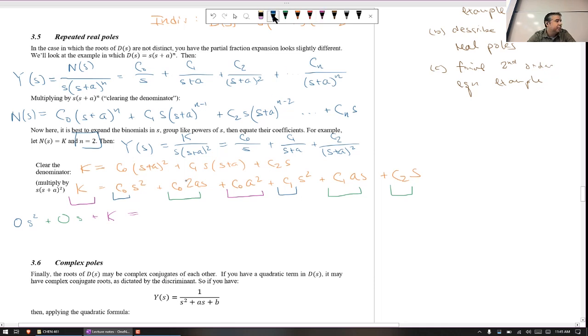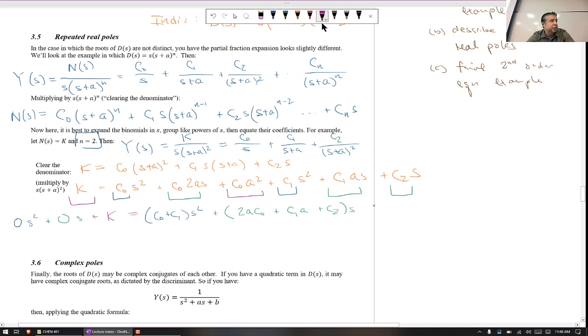And that's equal to, grouping like powers of s on the right-hand side, a C0 plus C1 times s squared, plus a 2 times a times C0 plus C1 times a plus C2, all of that quantity times s, so that's my s to the first power coefficient.